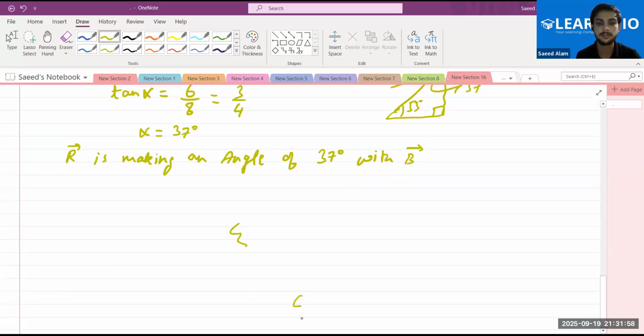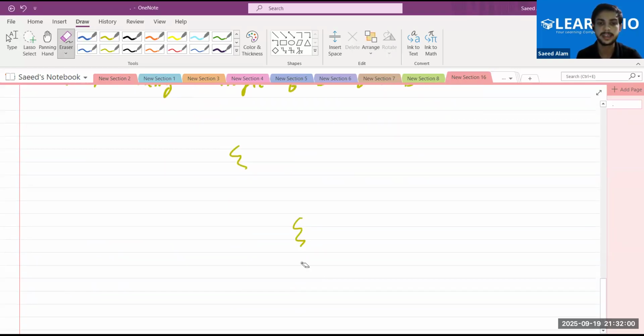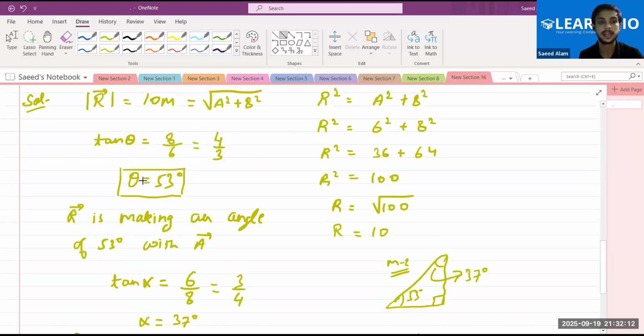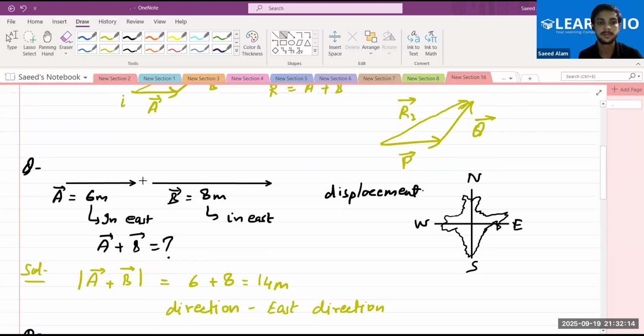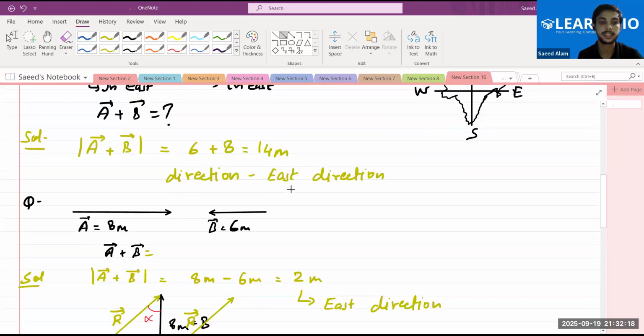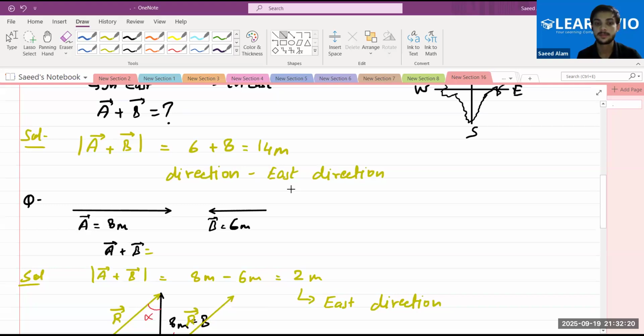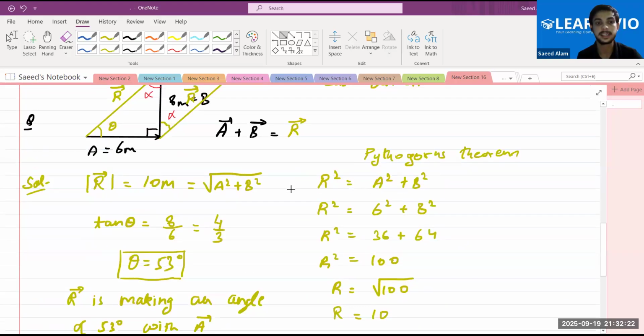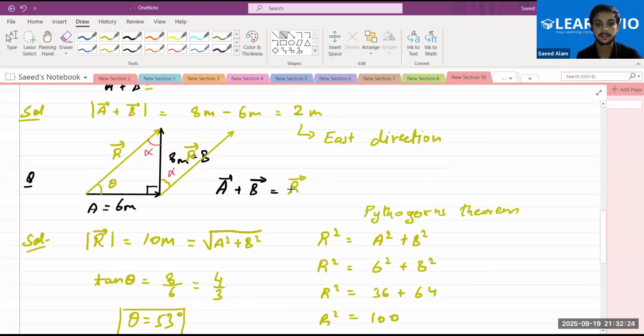So what I'm going to do next is ask you the question for some random angles, not these three good angles. What was the angle made between A and B in the first case? 0. And in the second case? 180. And in the third case? 90.